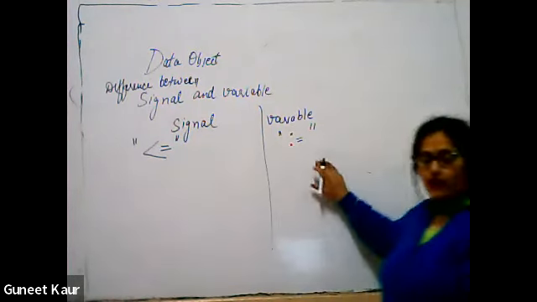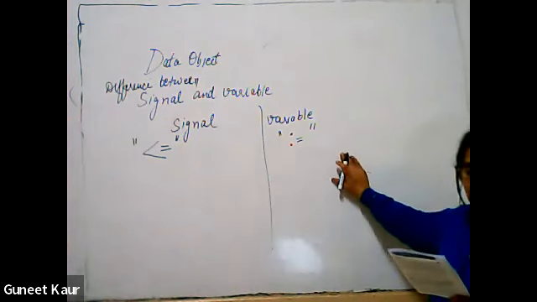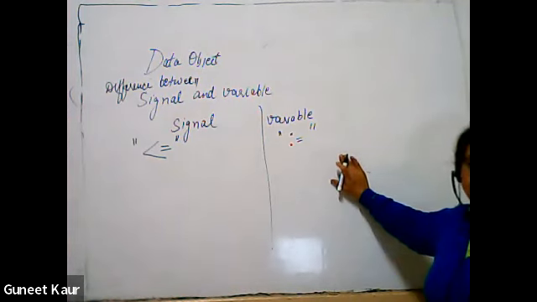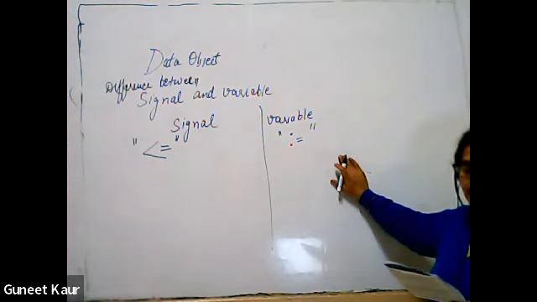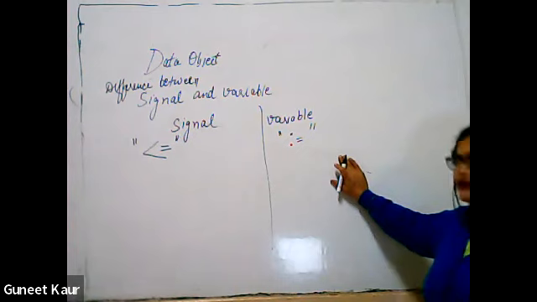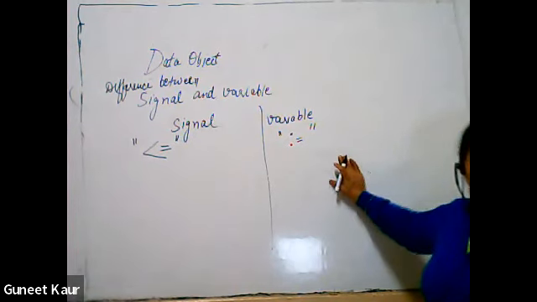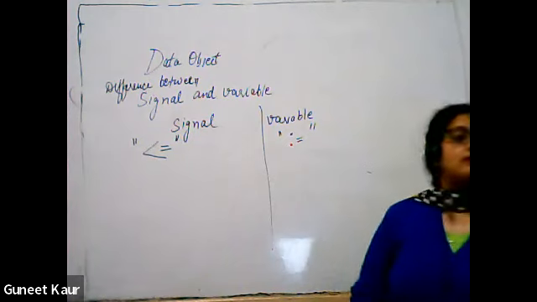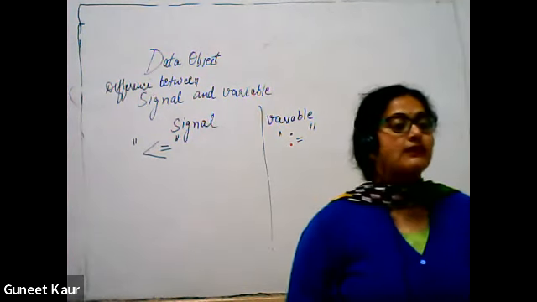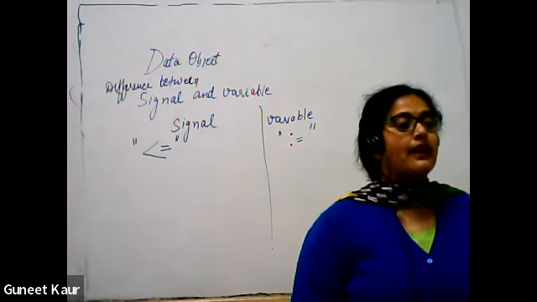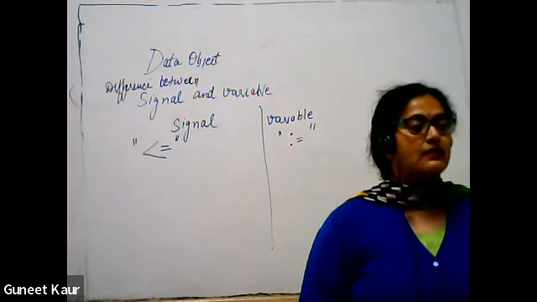But in case of variable, we are using the variable assignment statement and its computed value is updated or assigned immediately or instantaneously. So this was the difference between your signal and variable data object.